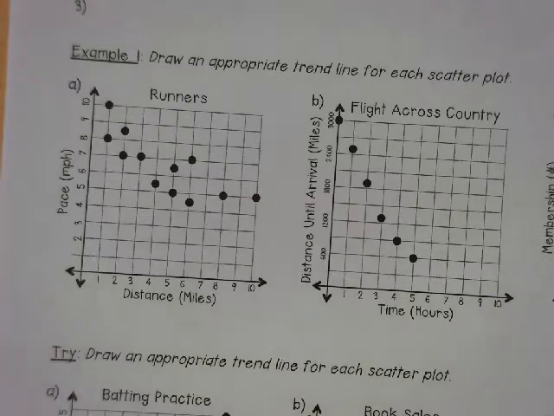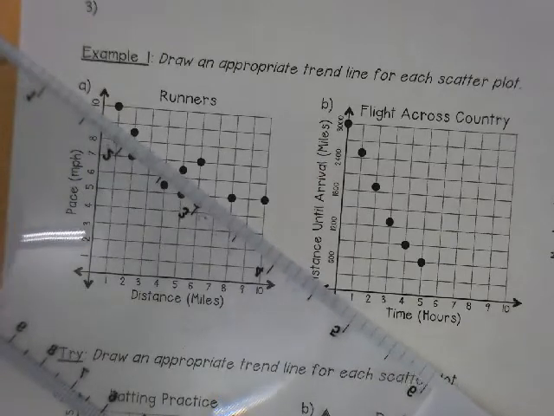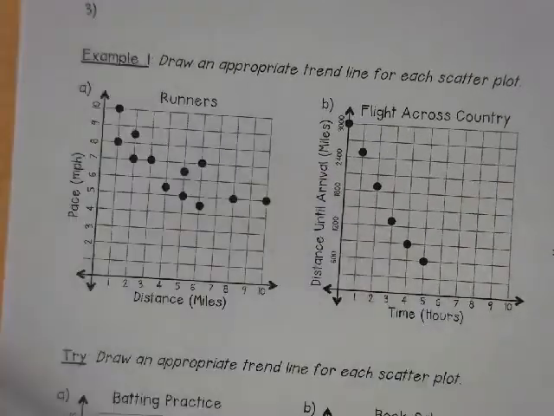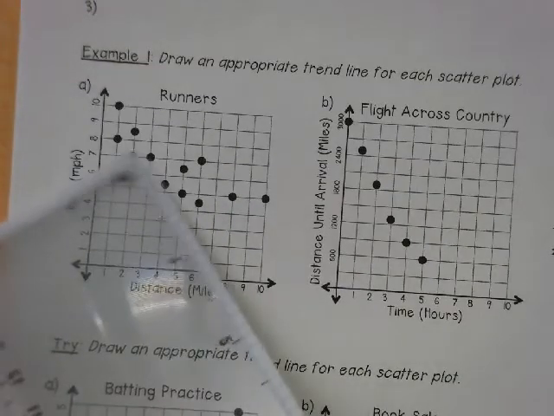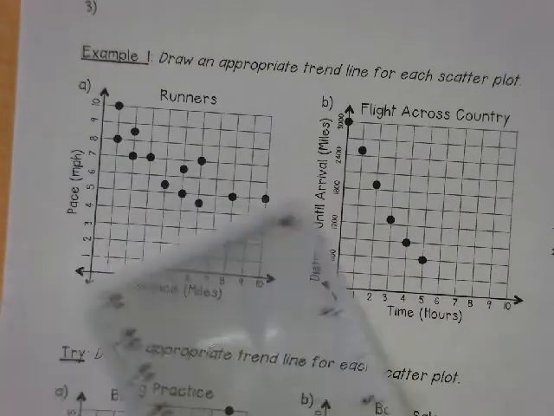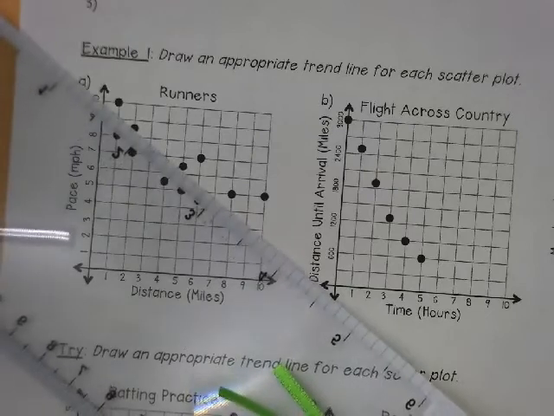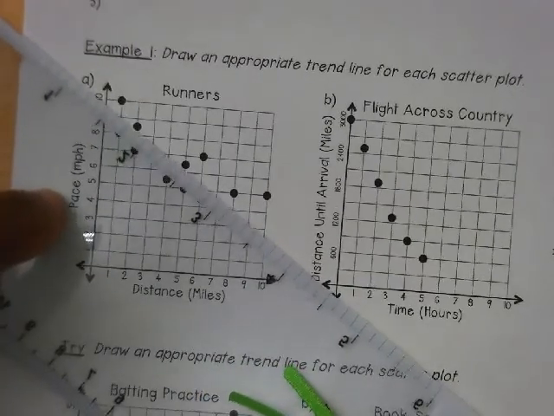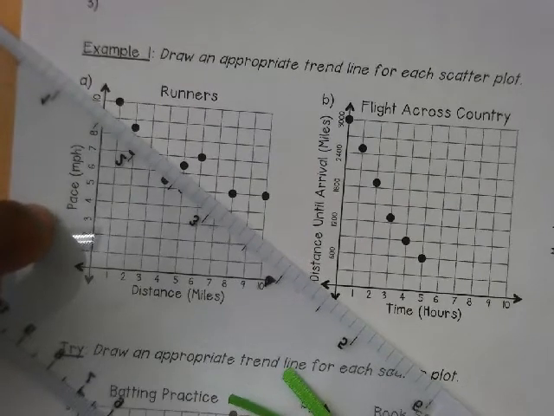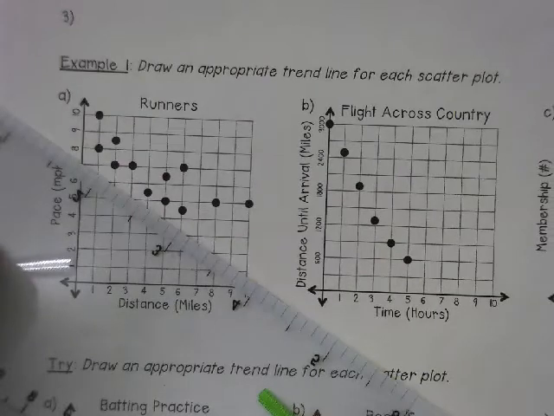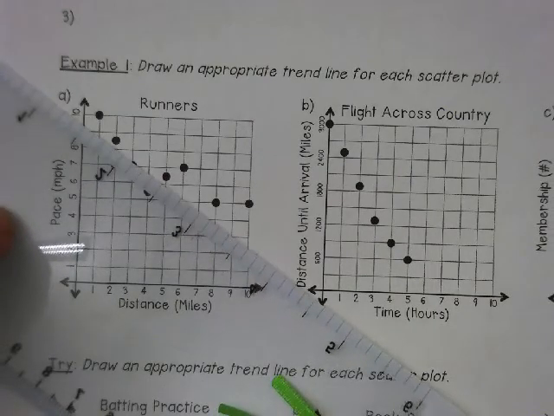So what I want to do is put my ruler, you're gonna need a ruler, and hopefully your ruler is see-through. So we have 12 points here: 1, 2, 3, 4, 5, 6, 7, 8, 9, 10, 11, 12. So I want to put my ruler there and try to split those points. If I draw it here, I have 1, 2, 3, 4, 5, 6, and then 1, 2, 3, 4, 5, 6. So I think that is the best fit there.